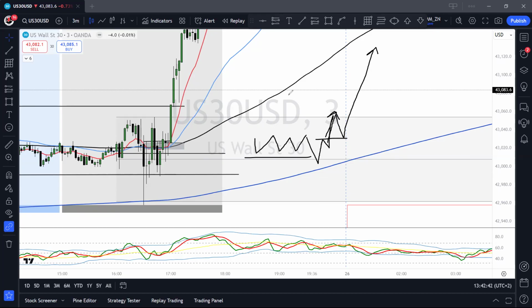On the M3 also, what I pay attention to is the 13 EMA. Of all the moving averages, the 13 EMA is my best friend. I want to look at how price is respecting or reacting to the 13 EMA with my bias in consideration. Remember, I've got a buying bias.